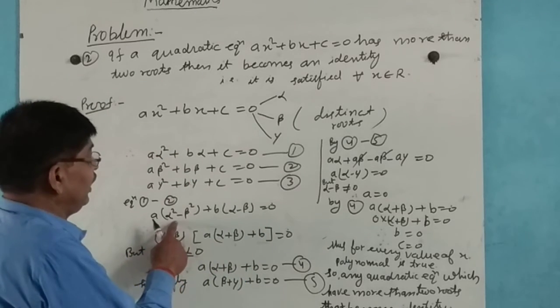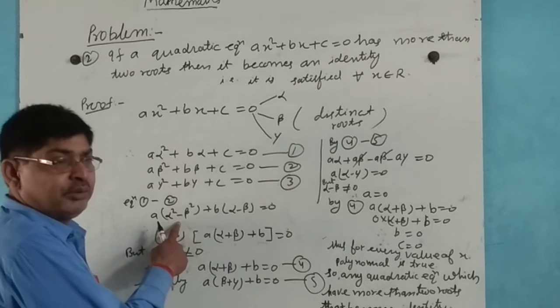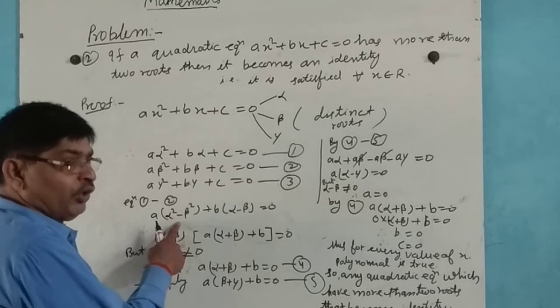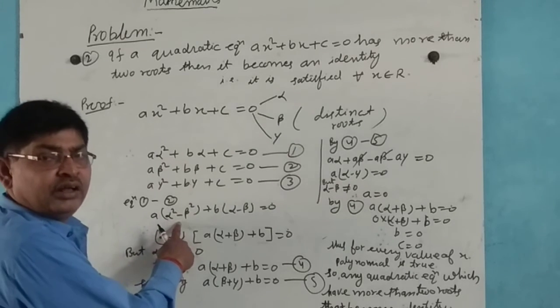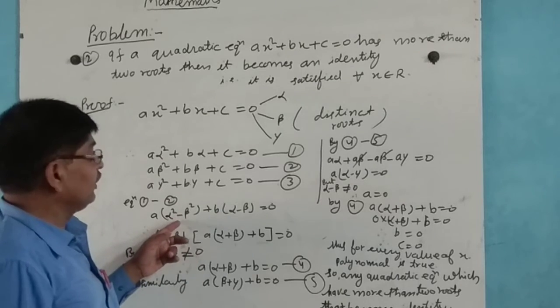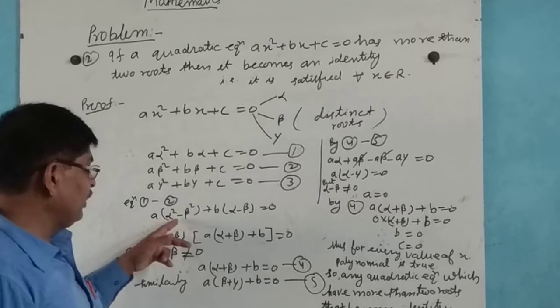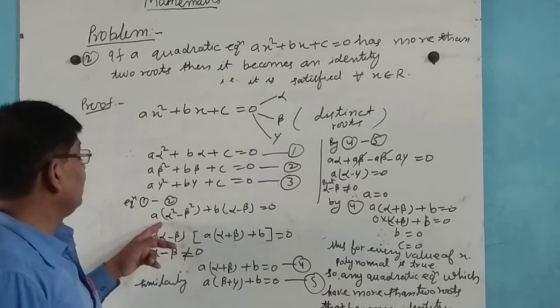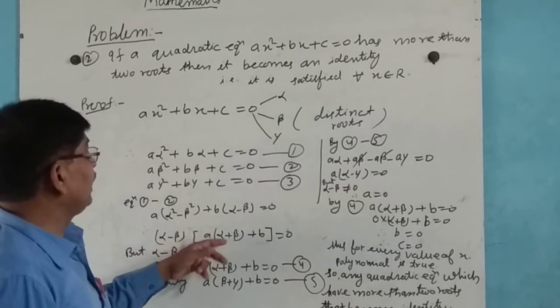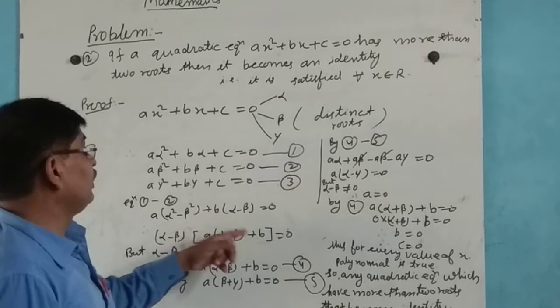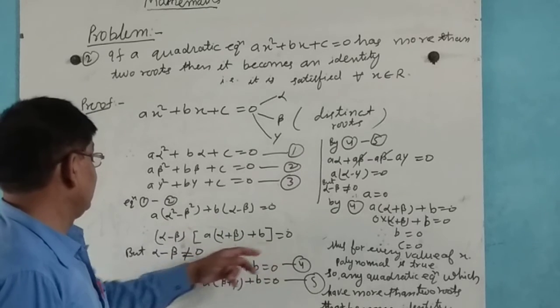Now alpha square minus beta square can be written as (alpha minus beta)(alpha plus beta), so we take alpha minus beta common: (alpha minus beta)(a(alpha plus beta) plus b).